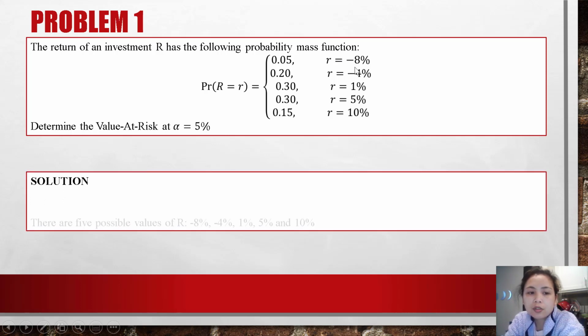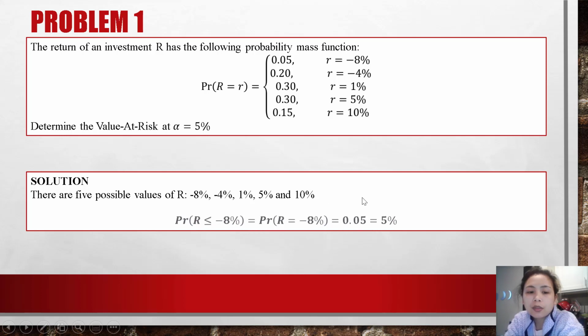Solution. There are 5 possible values of R: negative 8%, negative 4%, 1%, 5%, and 10% in ascending order. Now notice that the probability that R is less than or equal to negative 8% is the probability R is equal to negative 8%.